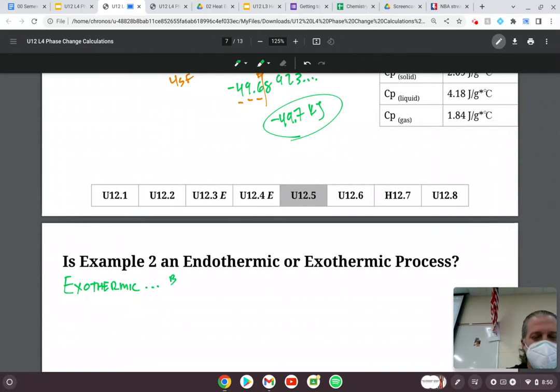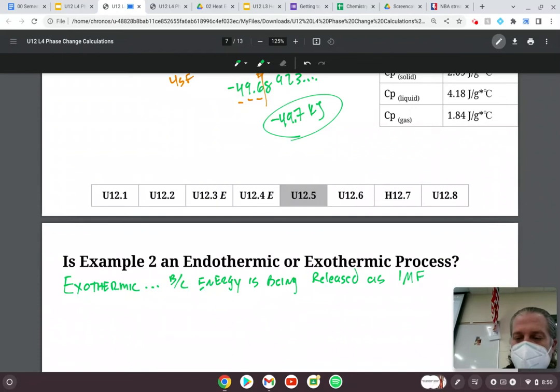This is exothermic because, right, energy is being released as intermolecular forces of attraction are being formed.